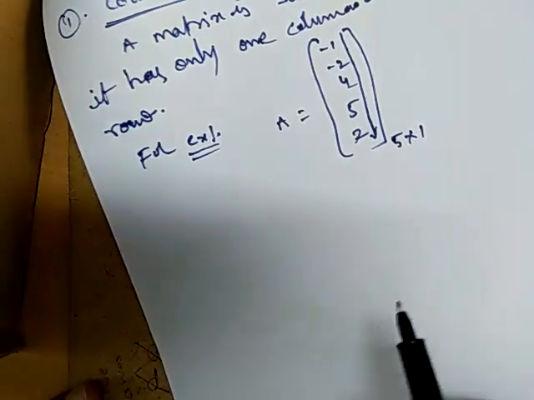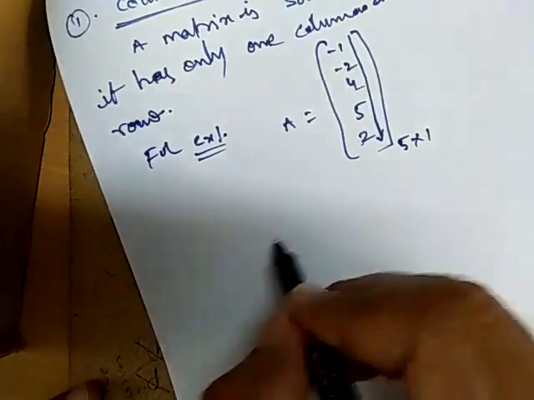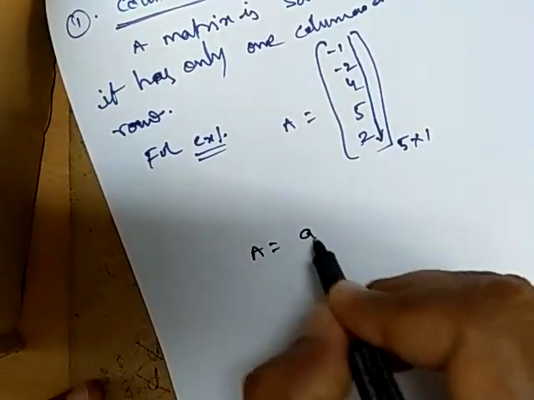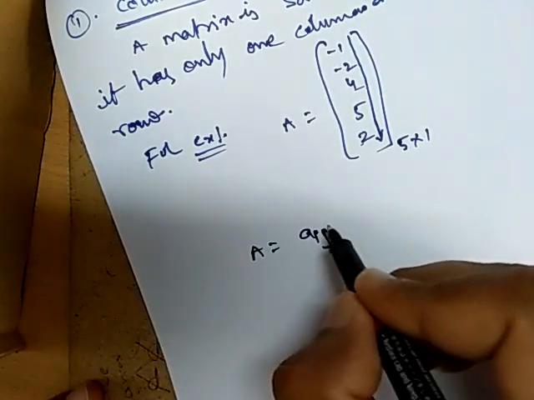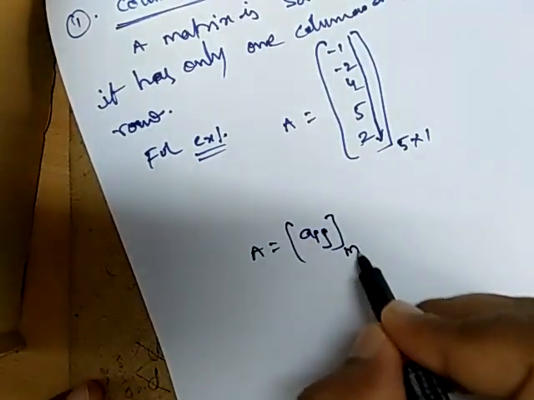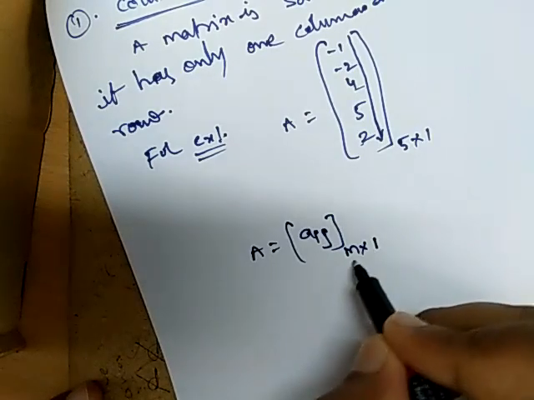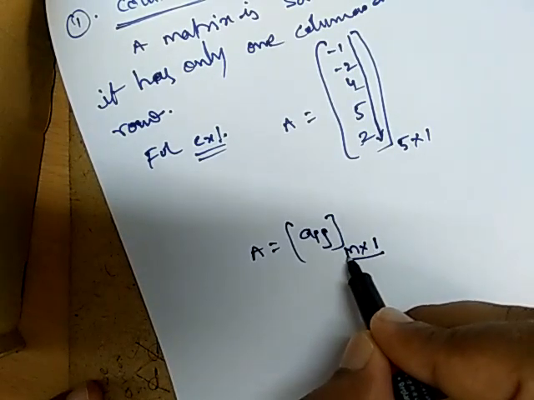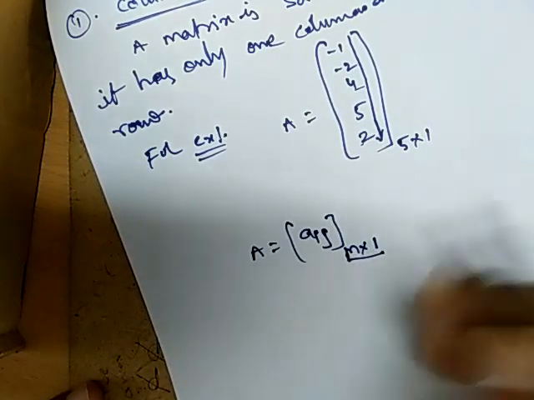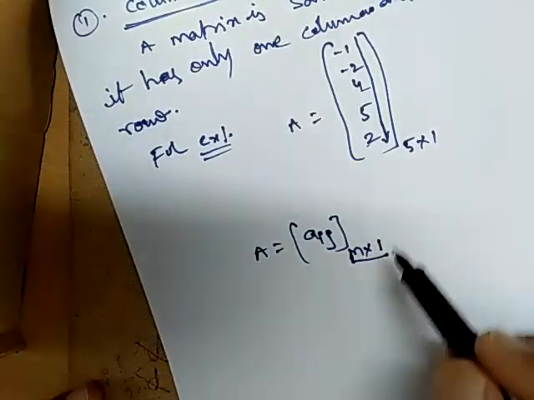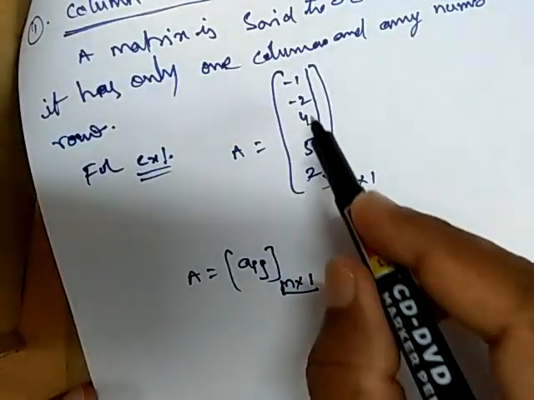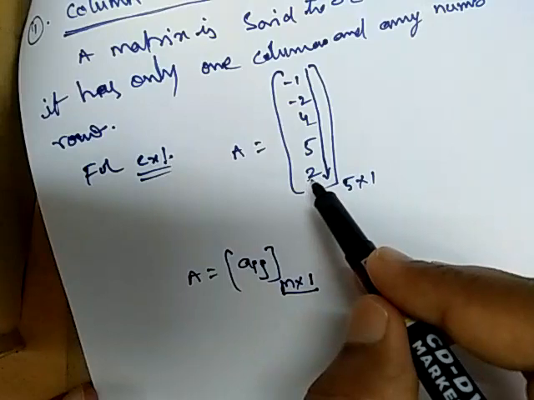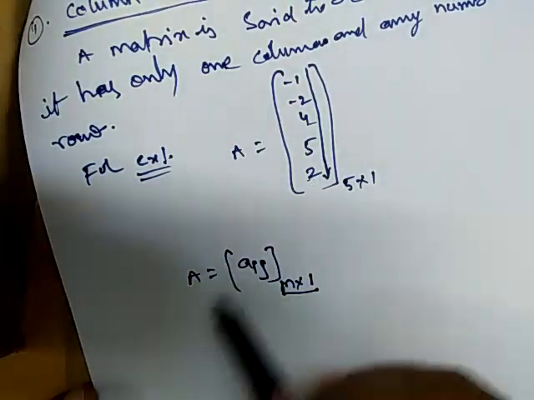The general form of the column matrix is A ij equals m into 1. M is any number. That means we have any number of rows, but we should have only one column.